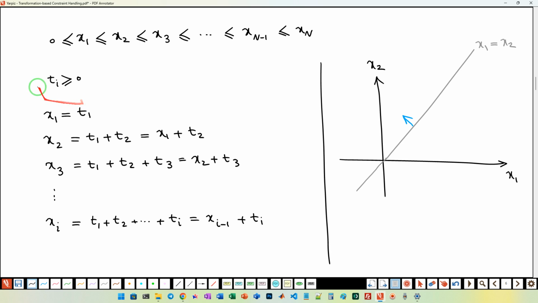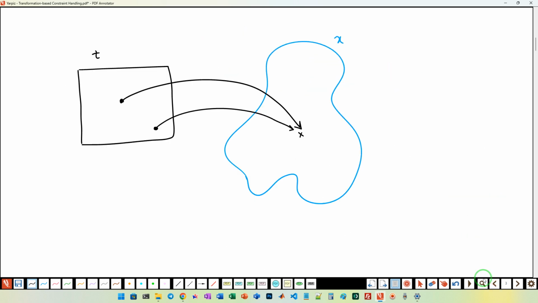Actually, we're creating a temporary solution, and using a kind of mapping, we end up with another point in X domain. So this is our temporary space.